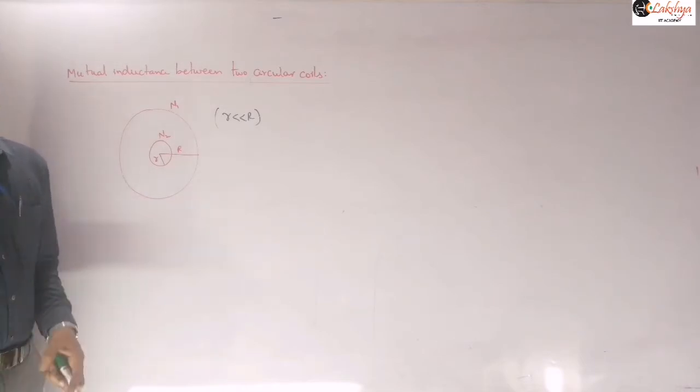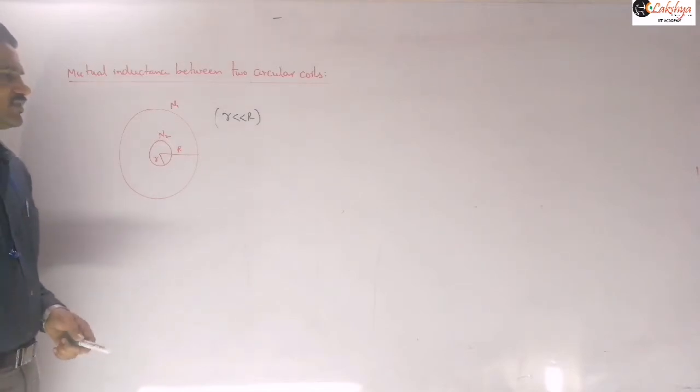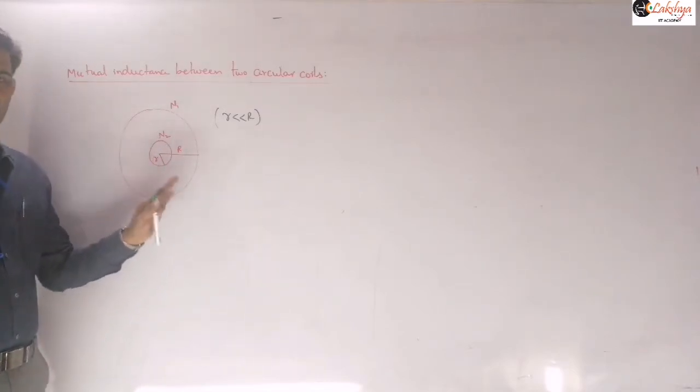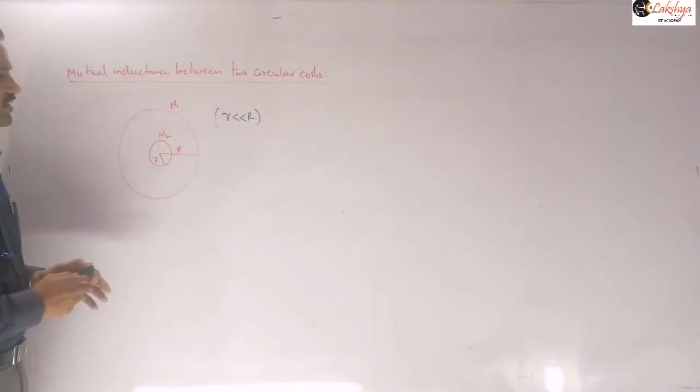To find the mutual inductance between them, we are assuming they are concentric circular coils placed in the same plane.